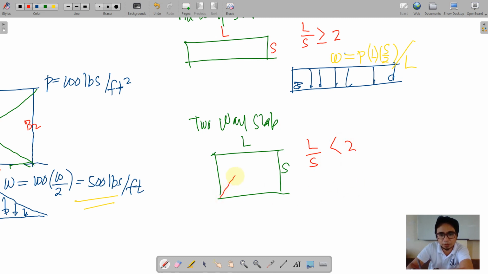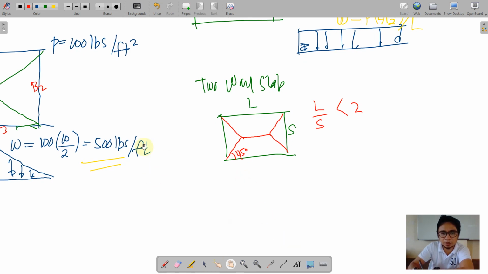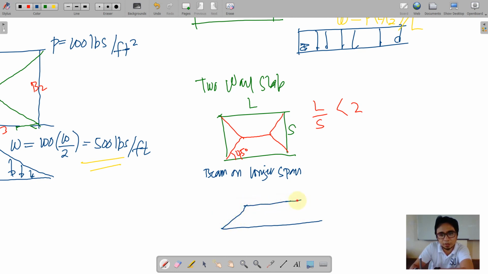As for the distribution, again, we are going to create here a 45-degree lines on the edges so that on the longer span, beam at the longer span, we have this beam and a trapezoidal loading utilizing a peak value for W just simply equal to the pressure times the half of the shorter dimension.